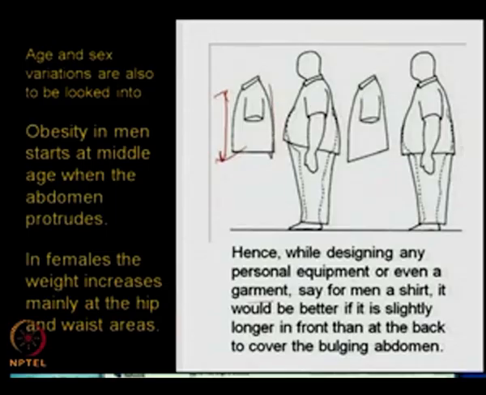These two are not the same size. This is little longer than this one in front, than at the back, to cover the bulged abdomen. So, then what happens? If we wear this, it will be the same height, it will be seen like this.